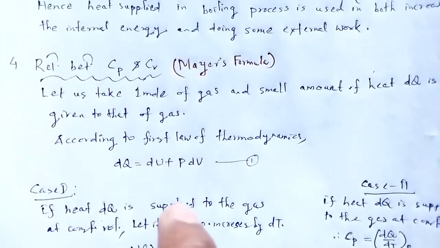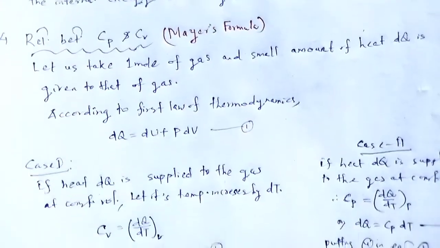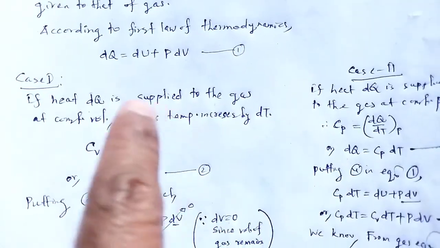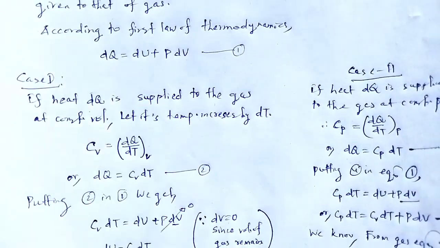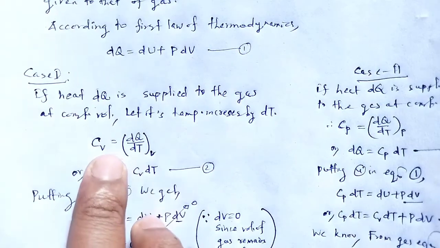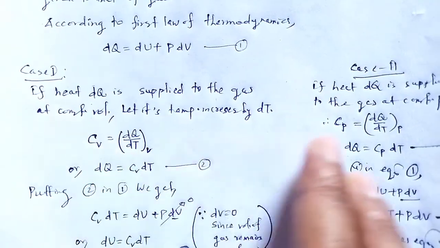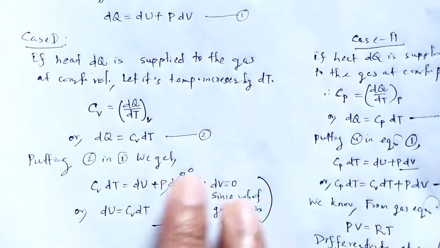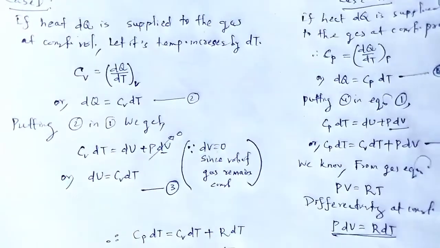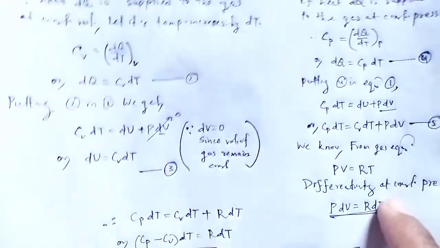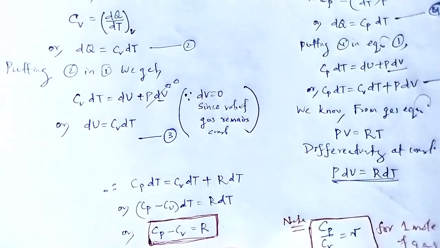This is the relation between Cp and Cv. In the first case we considered the same amount of heat supplied at constant volume, in the second at constant pressure. Combining these two and using the gas equation, we finally prove Cp minus Cv is equal to R.